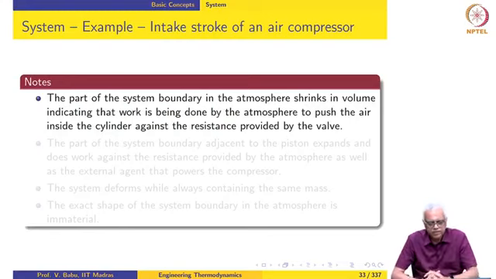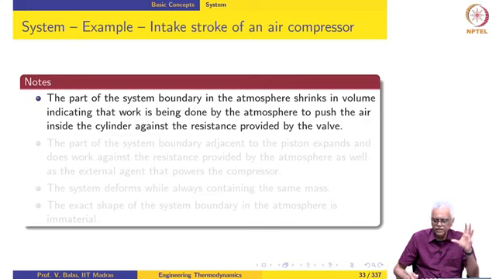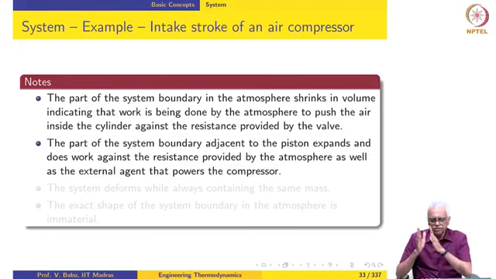Okay, so let us summarize what we have said so far in this particular example. The part of the system boundary in the atmosphere shrinks in volume, which indicates that work is being done by the atmosphere to push the air inside the cylinder against the resistance provided by the valve. Now, the part of the system boundary adjacent to the piston expands, and it does work against the resistance provided by the atmosphere as well as whatever external agent is connected to it, which powers the compressor.